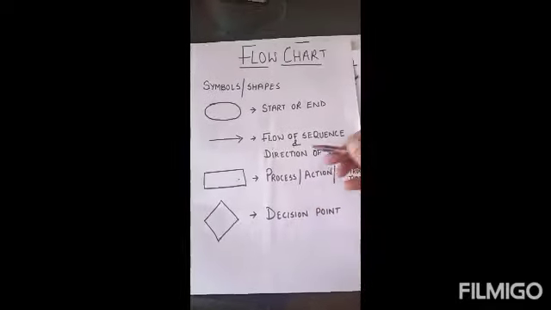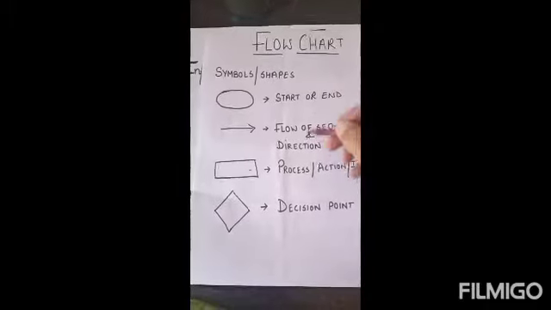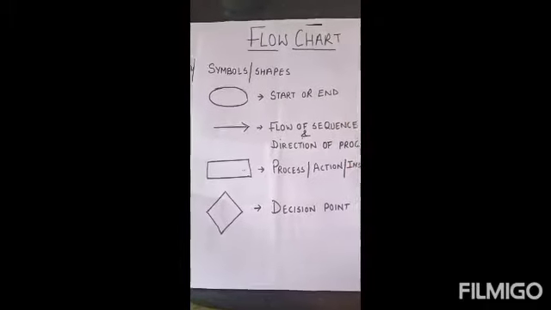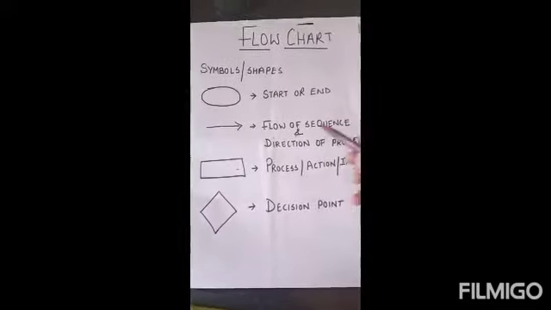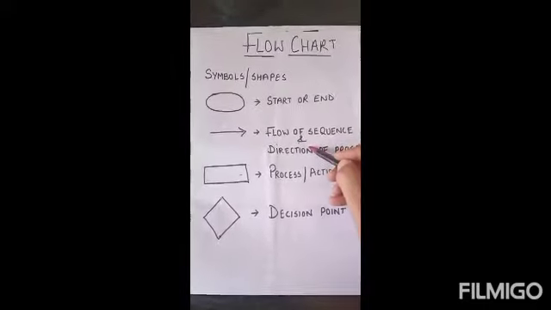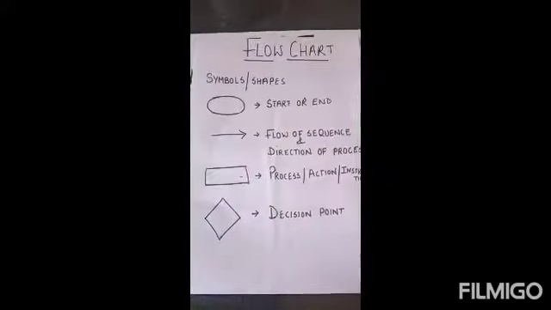As I said, a flowchart is also used to explain a process. We use flowcharts in an explanation text, right? Along with that, we also use a flowchart to write instructions. So this arrow tells you the sequence.